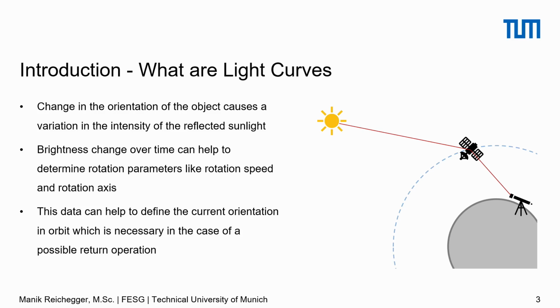In addition, the intensity of the backscattered light changes due to the change of orientation. Depending on which side the satellite or the debris part is illuminated by the sun, the object reflects brighter or darker. This change in brightness allows us to extract some rotation parameters from the observations.